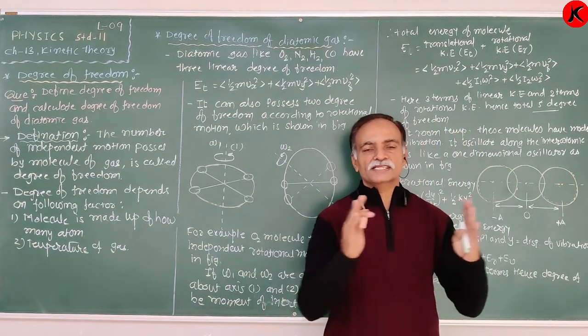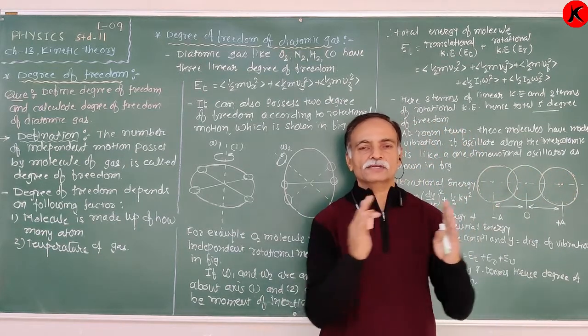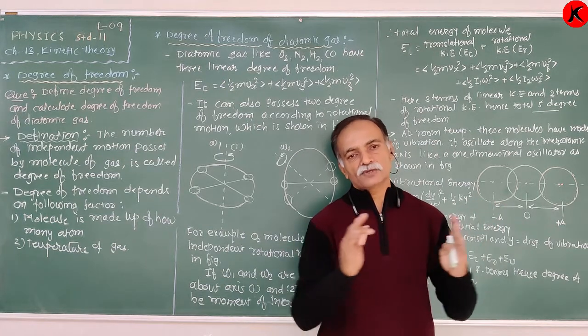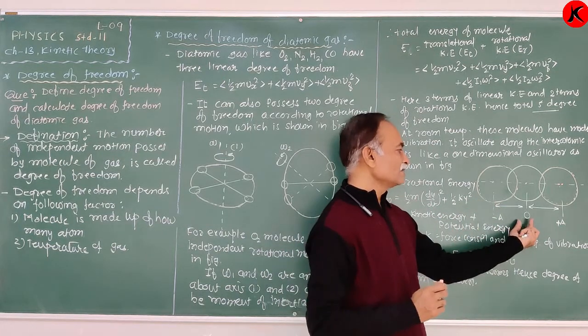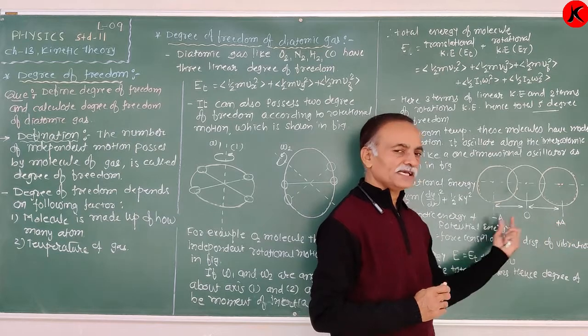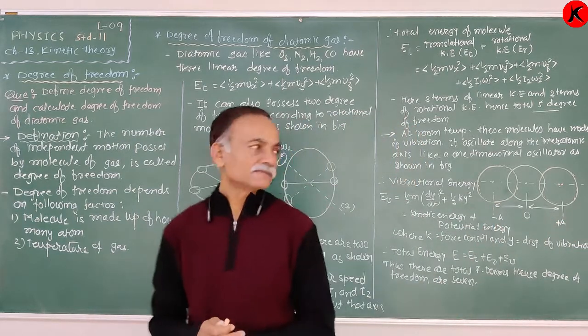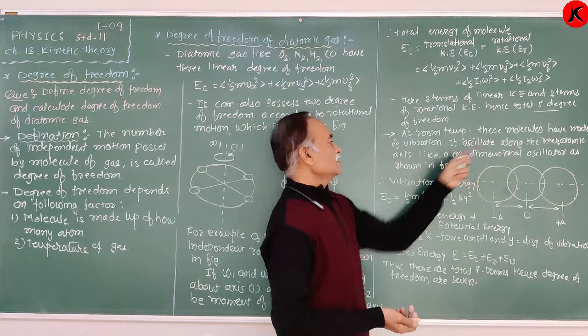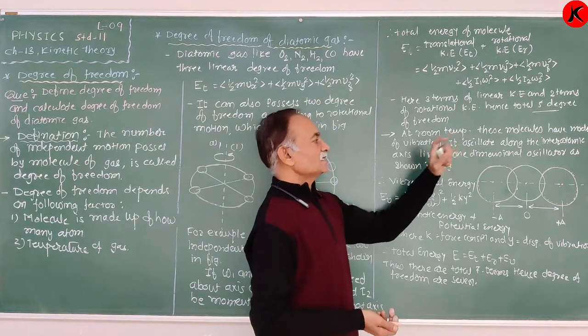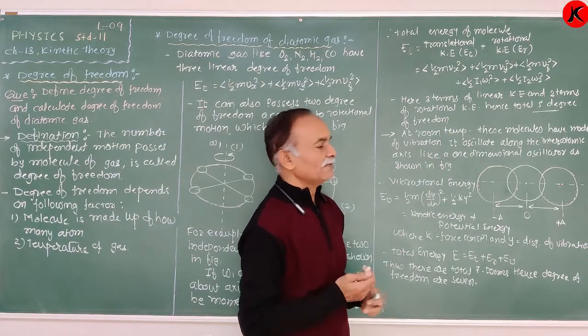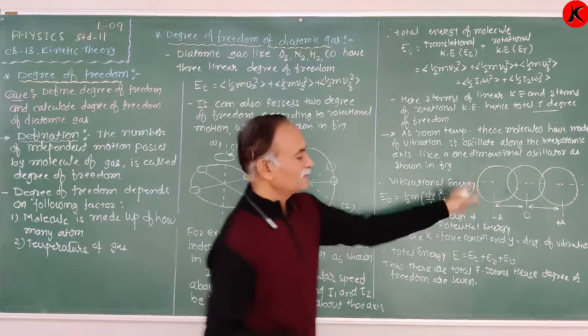So at room temperature, these 2 atoms oscillate or vibrate about their mean position. Here O is the mean position, maximum plus A on this side and minus A on the other. So this vibrational motion is like a one-dimensional oscillator as shown in the figure.